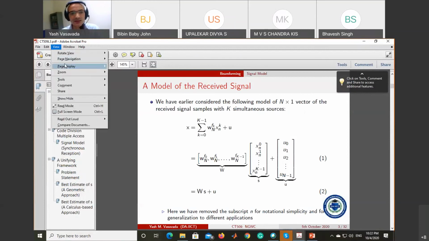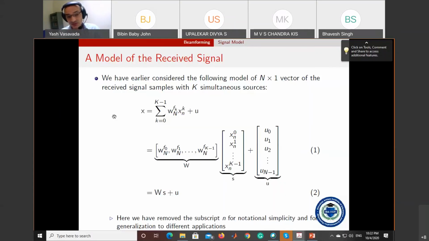The only difference is that the notations have changed. In the MIMO case, I call WF0 as H0 or H1, and this WF1 as H2. But otherwise, apart from the notations, it is the same situation. One other thing in MIMO is that synchronicity is easier to guarantee because these different transmitter antennas are typically physically co-located.